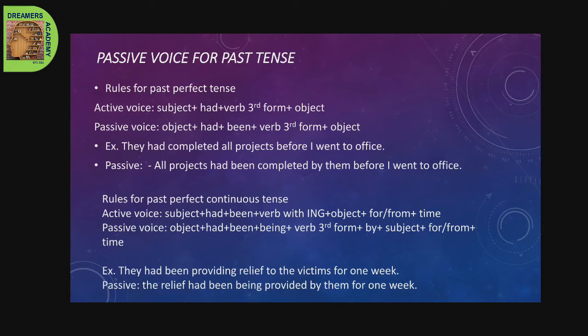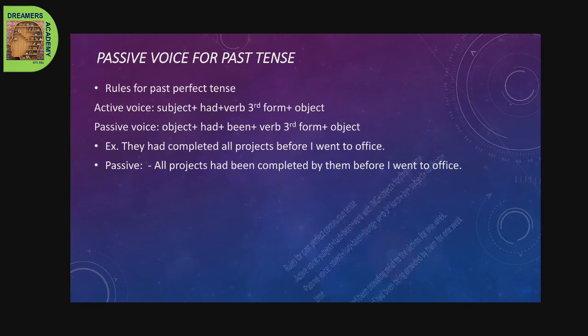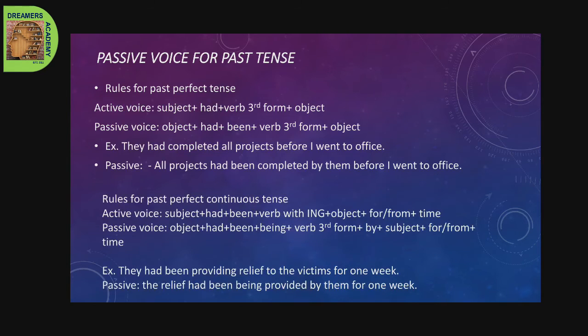The passive voice is object plus had been, then being, then verb third form plus by plus subject plus for or from time. They had been providing relief to the victims for 1 week. The passive voice is: the relief had been being provided by them for 1 week.